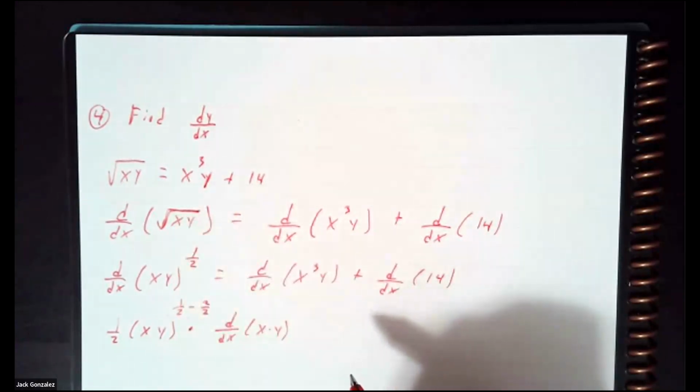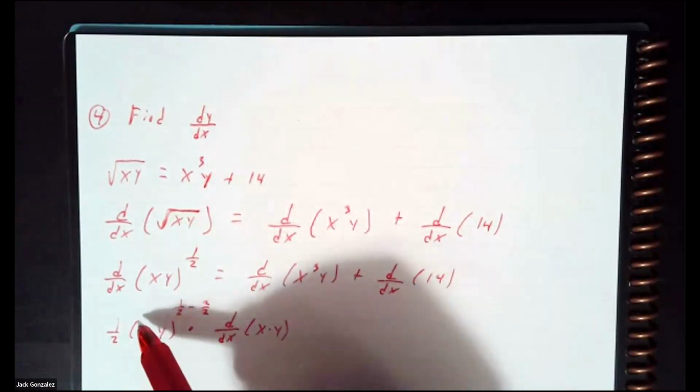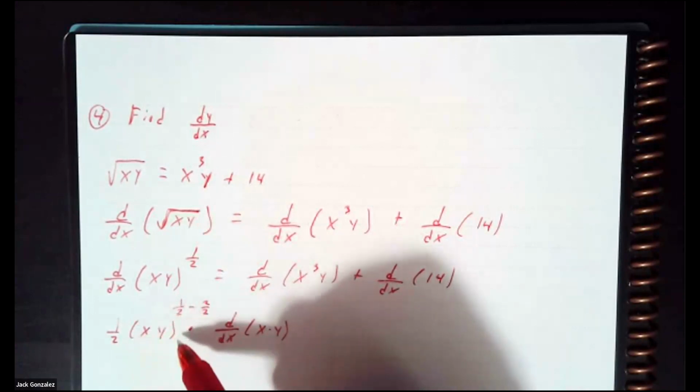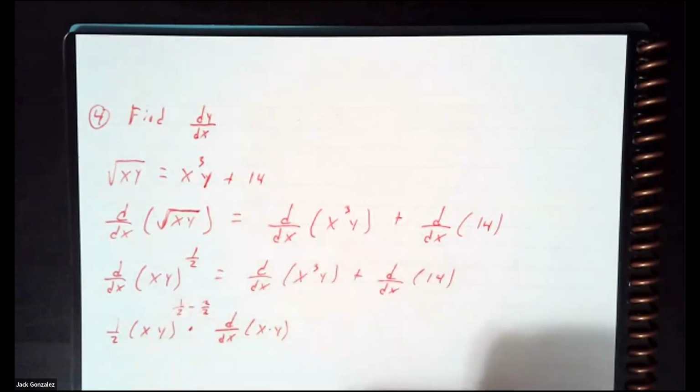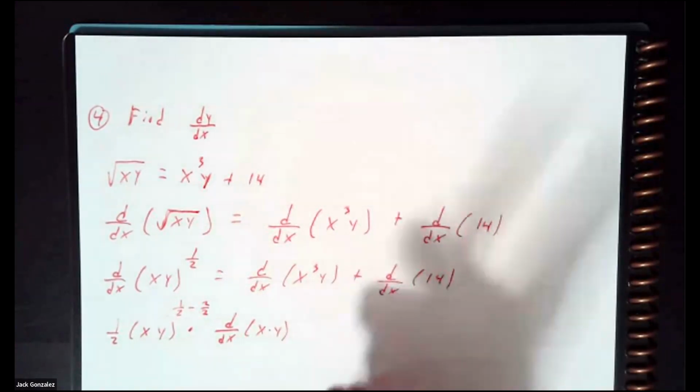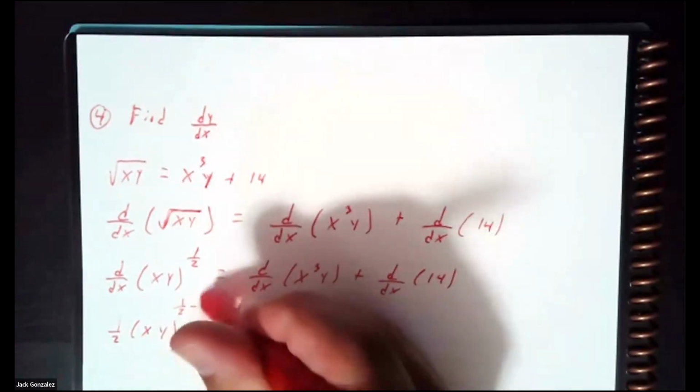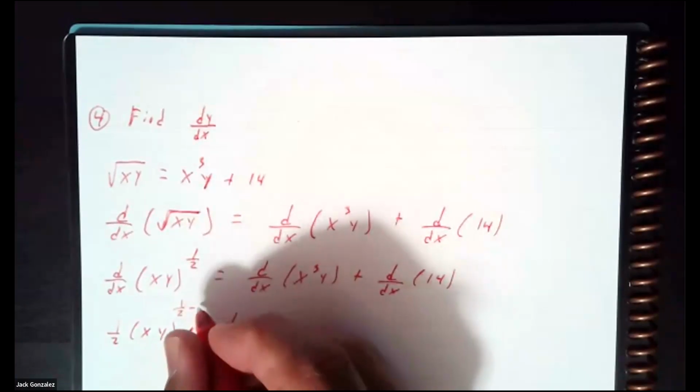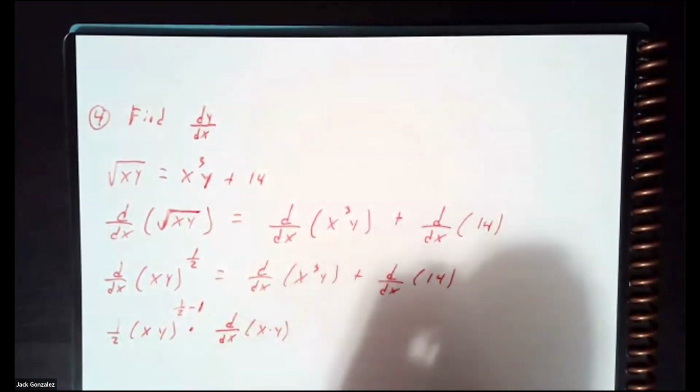So are you saying it's going to be -1/2 x? This entire thing will be negative. We'll have a -1/2 on the power. Right, because you subtract 1, that's the power rule. So 1/2 minus 1 is -1/2.